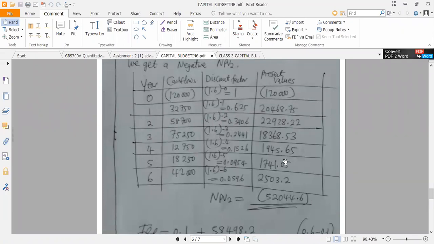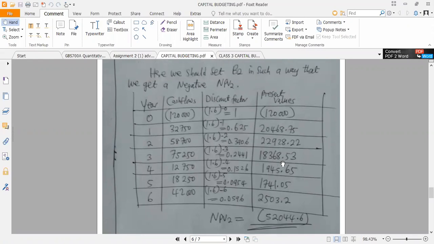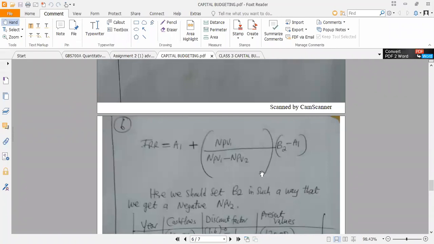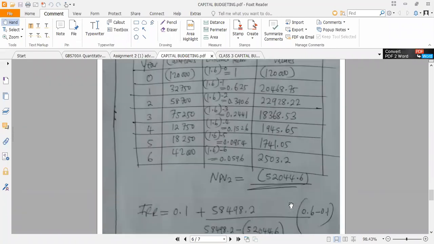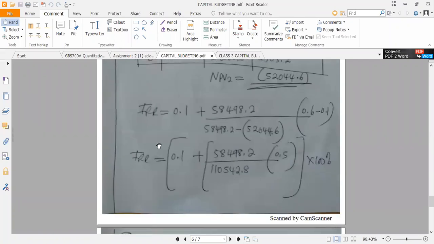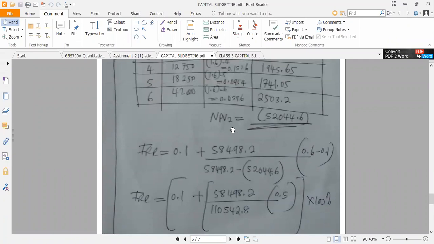So from here now, we're able to calculate the internal rate of return, substituting this figure, NPV2, in the formula given above there. The A1 is the original cost of capital given for the discount factor of 10%, which is 0.1 there, then plus the NPV1, which we computed was 58,498.2.